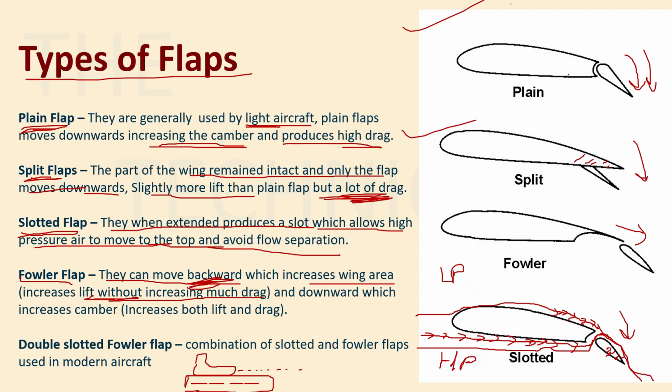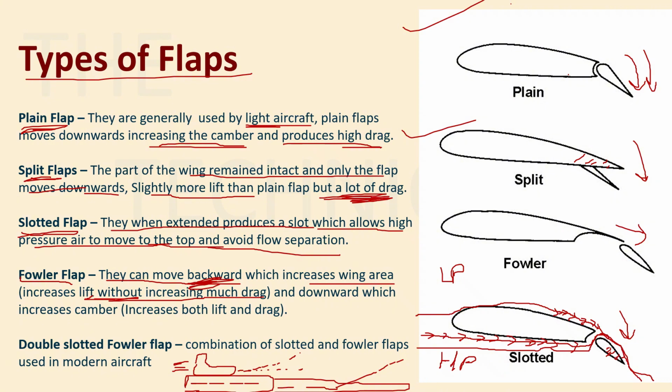When you're taking off, would you want a high amount of drag? No, right? Because you are trying to accelerate, and why would you want drag to stop you? You would not want drag, but would you want lift? Obviously, because if you have sufficient lift, then you can rotate early, or else you would have to take a longer takeoff run. So you want lift, but you don't want drag.